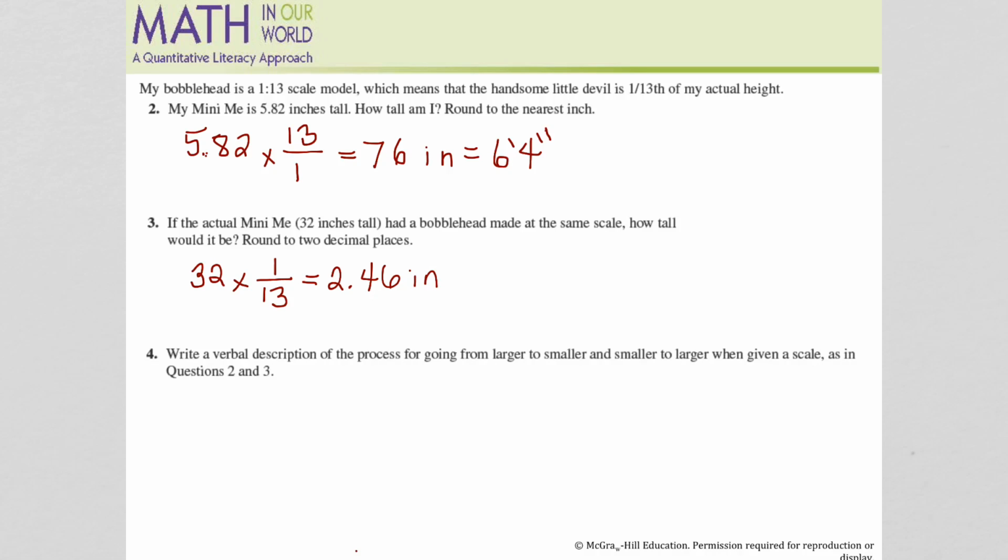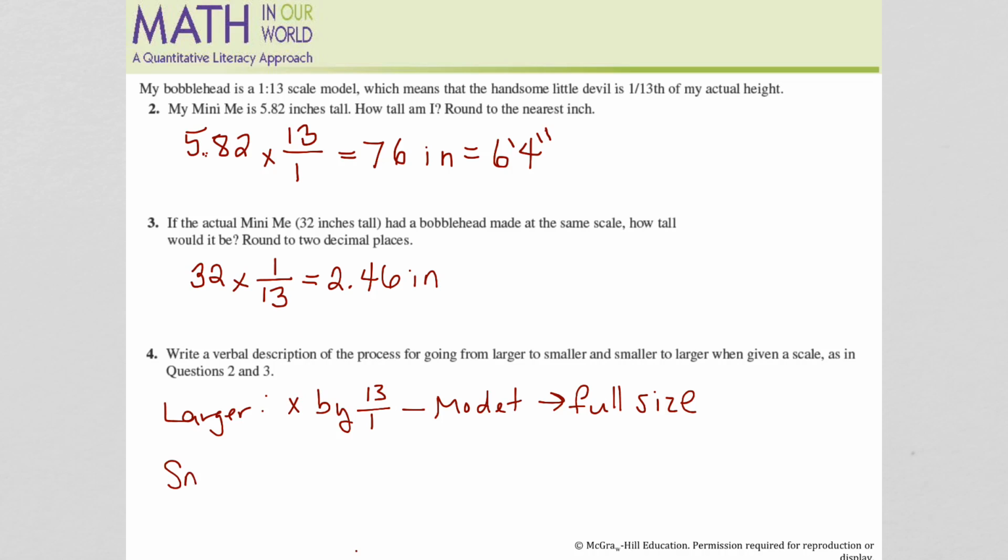So let's write a process for this. If we're going larger, then we're going to multiply by 13 over 1. That takes us from the model to full size.